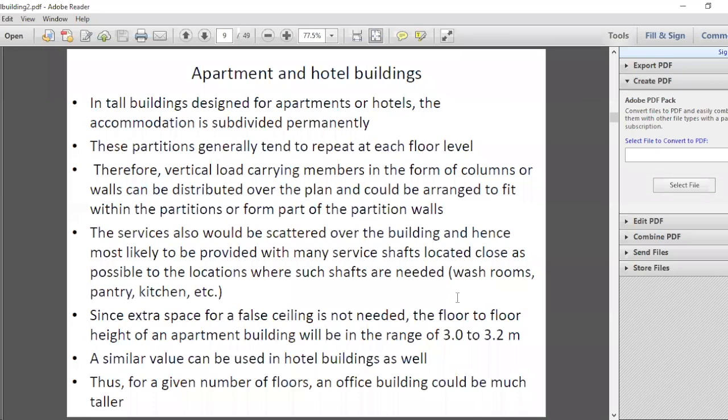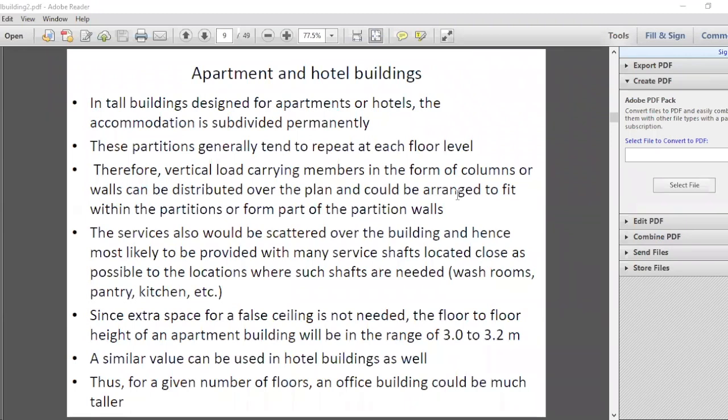And in an apartment building also, it's necessary to provide a height to the ceiling of about 2.7 meters. But in apartment buildings, we generally do not try to have a false ceiling.